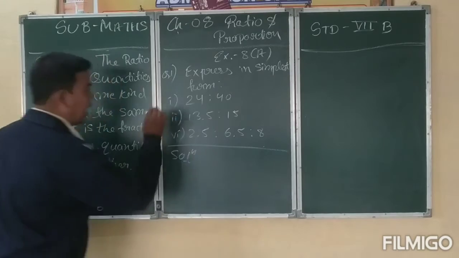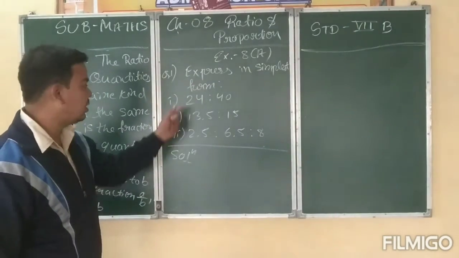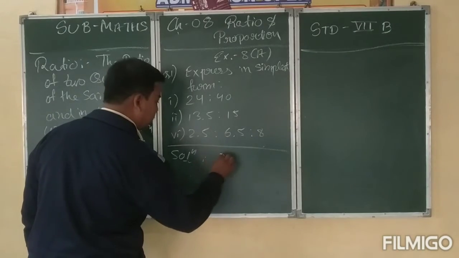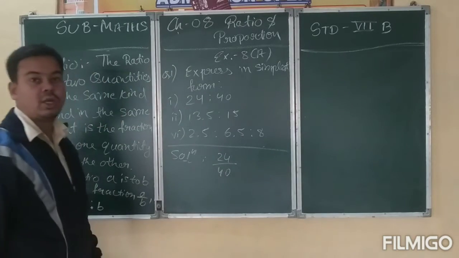See here the exercise, first question: express in the simplest form. This is the ratio. This ratio we have to write in the simplest form. So 24 and 40.